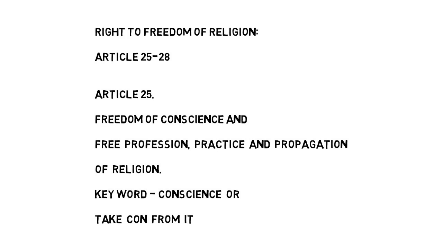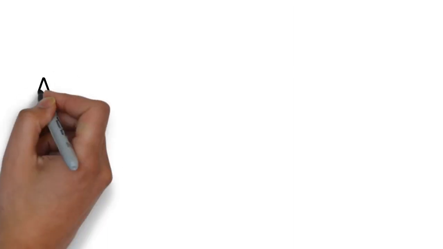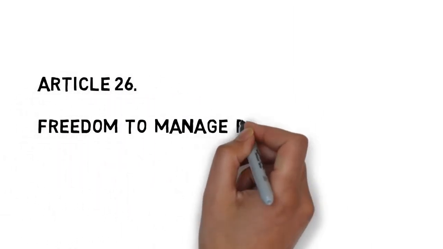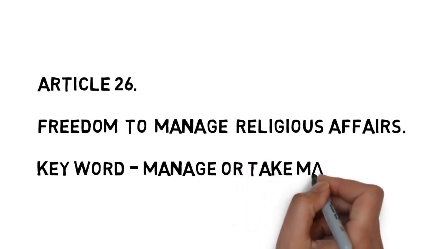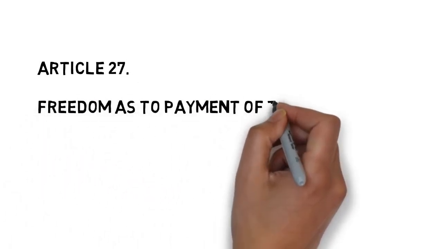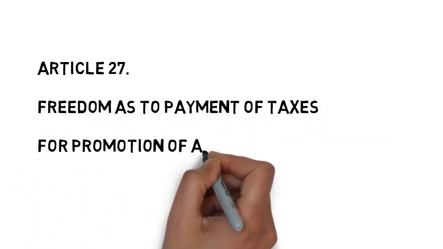Moving ahead, Article 26 provides freedom to manage religious affairs, and the keyword here is manage, and take man out of manage, and remember this. Again, Article 27 gives us freedom from payment of taxes for promotion of any particular religion.